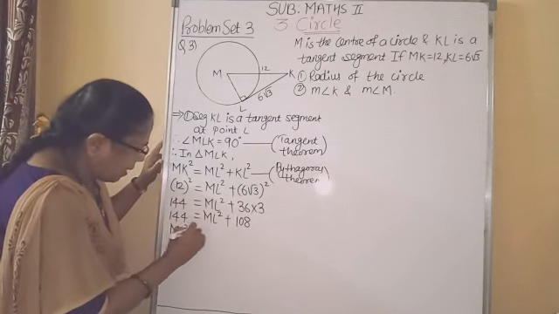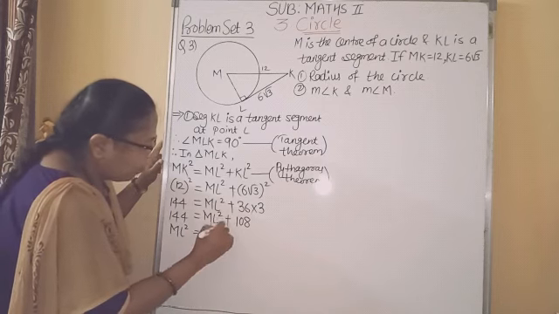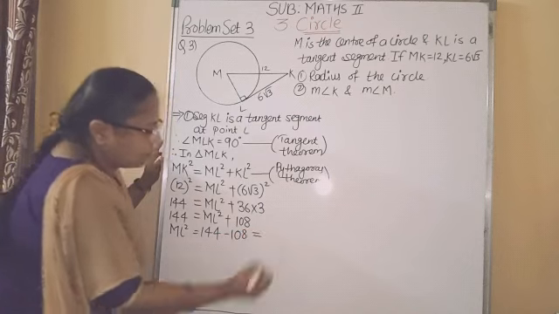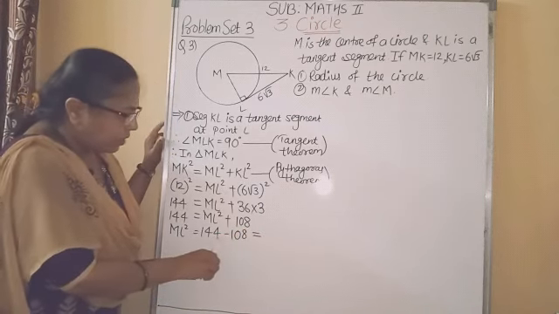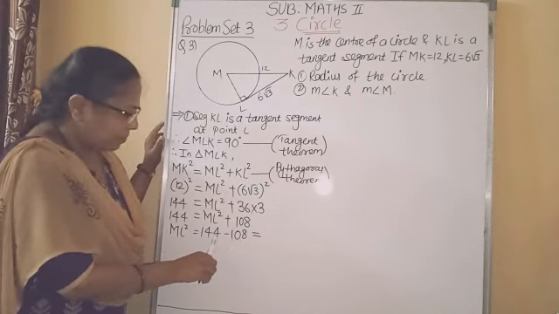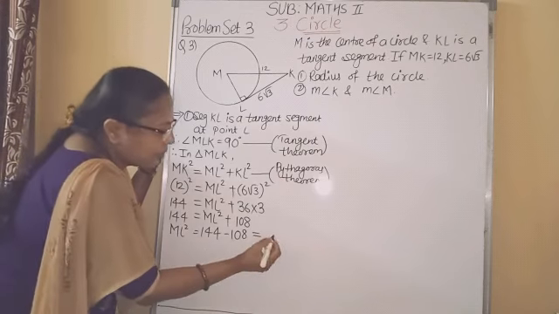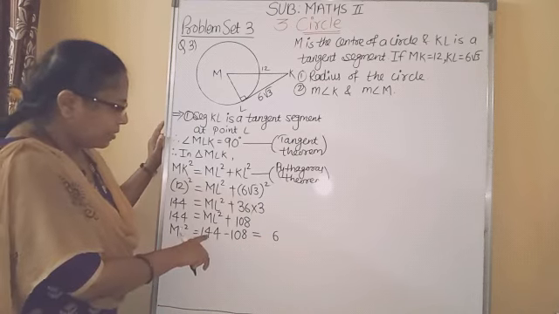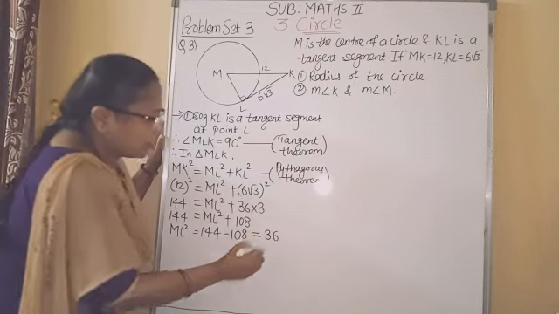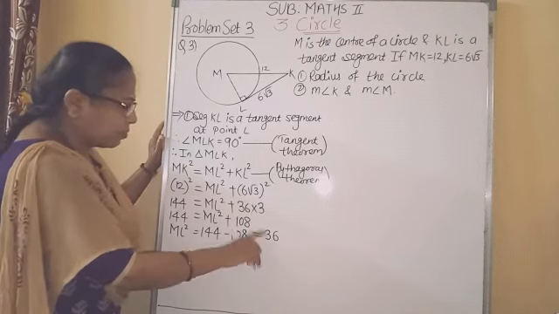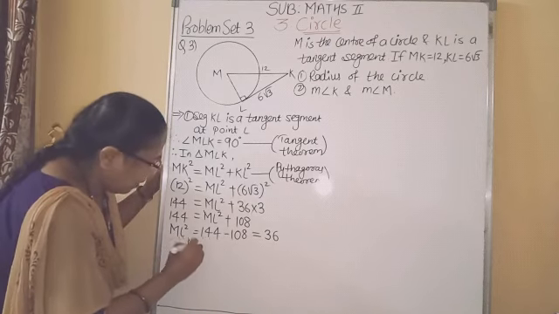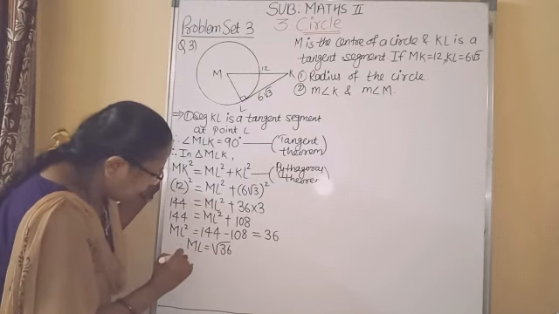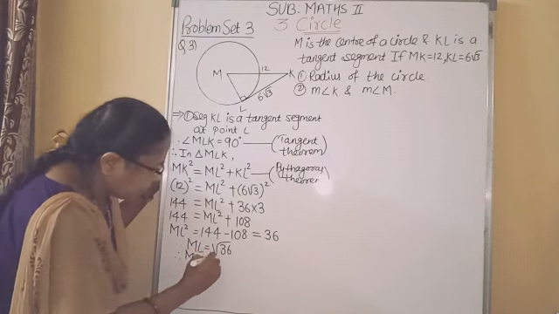So ML square is equal to 144 minus 108. We'll do subtraction: 14 minus 8 is 6, 3 minus 0 is 3. So ML square is equal to 36. Therefore ML is equal to root 36, and therefore ML is equal to 6.